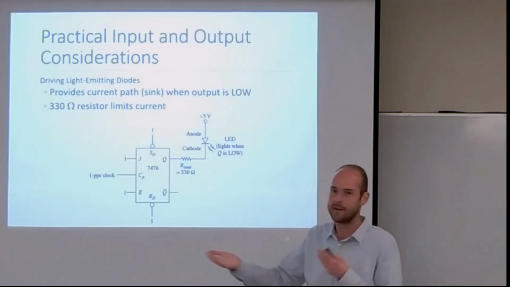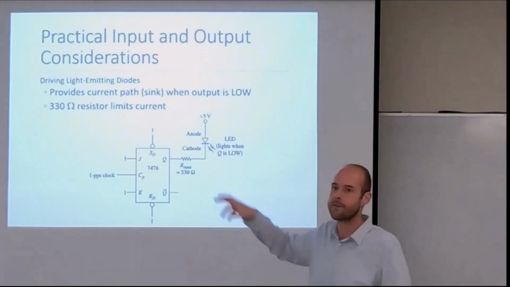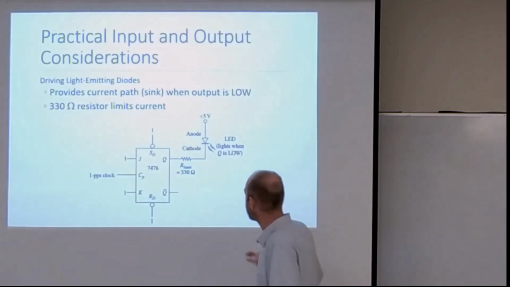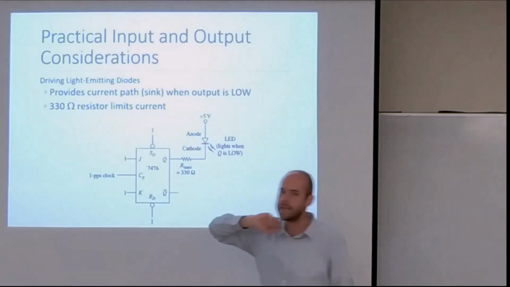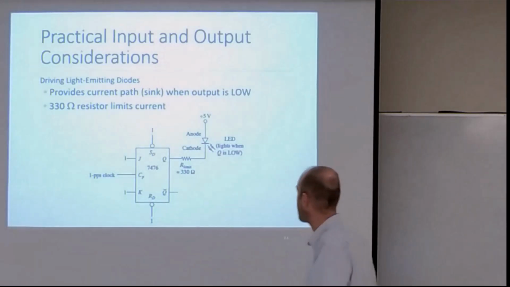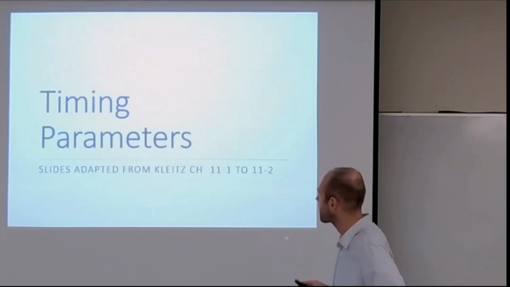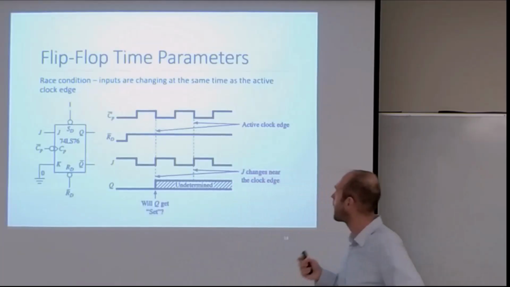And so we interface with transistors for a lot of things, to drive elements like motors or other high power items. But this is just a reminder that a limiting resistor on an LED is always good practice to include. Okay, so let's move on to our timing parameters a bit.